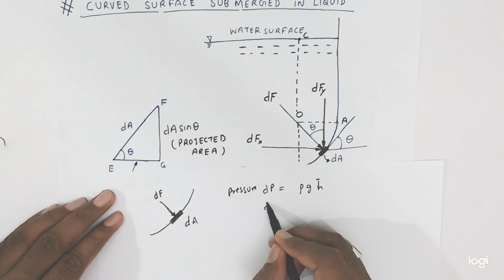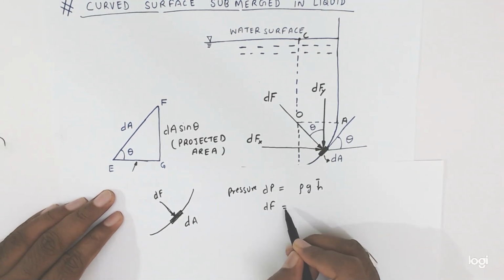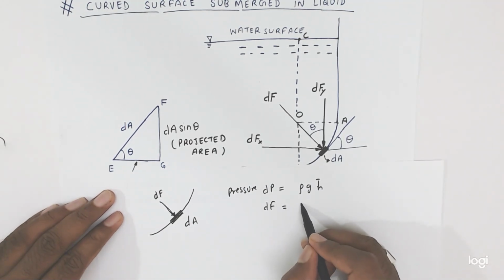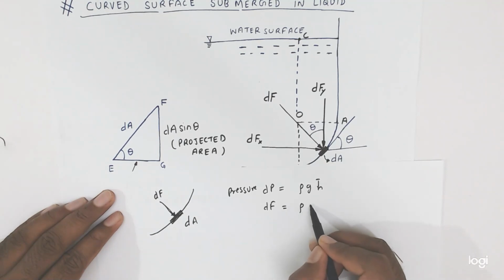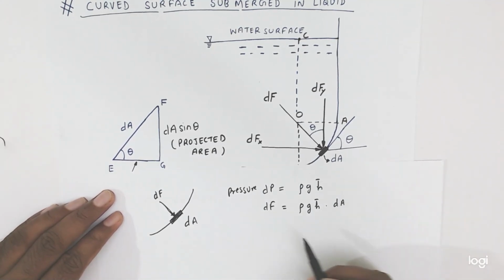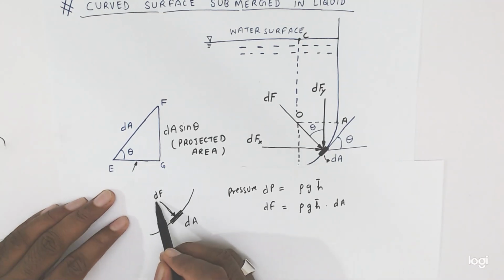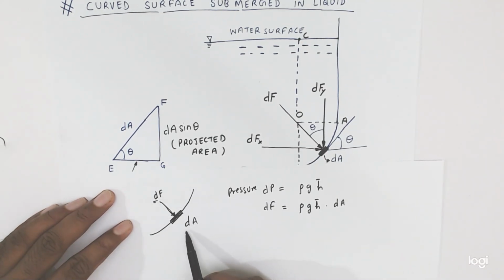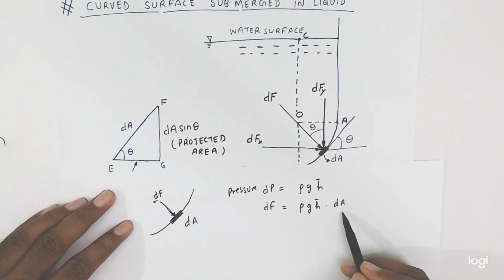So force dF is equal to how much? Force is equal to rho g h bar, and we multiply by the area dA. So this is the normal force working on the element, area dA.